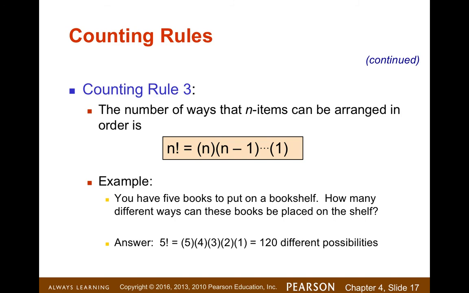Once you decided which book goes into the first place on the bookshelf, you only have 4 ways to fill the second, because you've already used one of the books. After you choose that one, you've already identified where 2 of the books are. You have 3 books to go in the third slot, and so on and so forth. So the answer is 5 factorial, which is just 5 times 4 times 3 times 2 times 1.